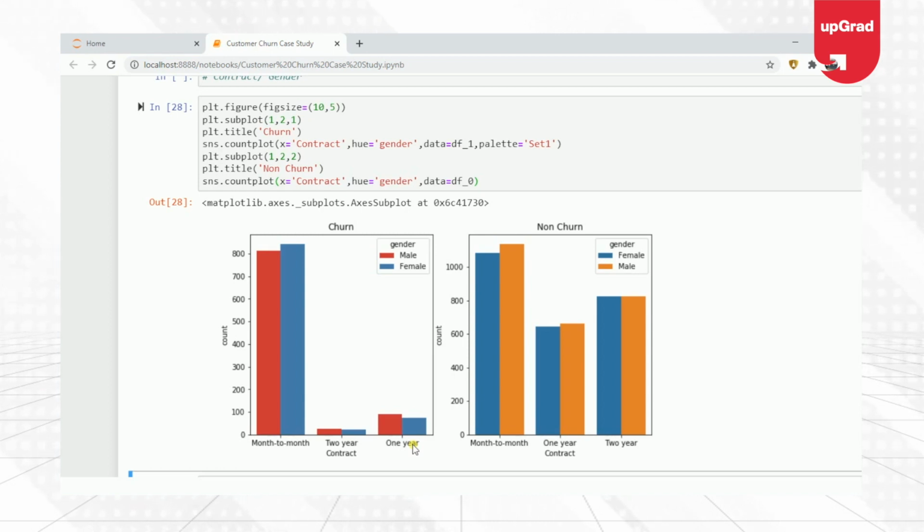Whereas if you look at the non-churn segment, again we see a uniformity in the data. There is no such high imbalance, and it looks like both the male and female tend to be a part of the network no matter what kind of contract they are in, whether it is month-to-month, 1-year contract, or 2-year contract.